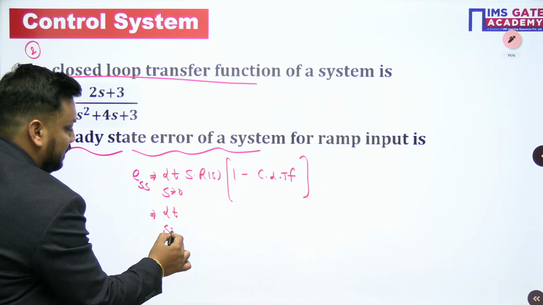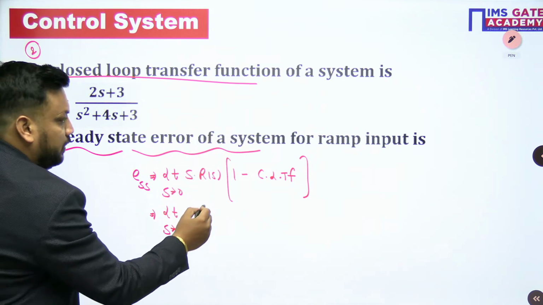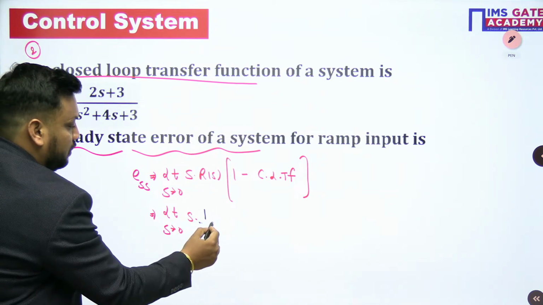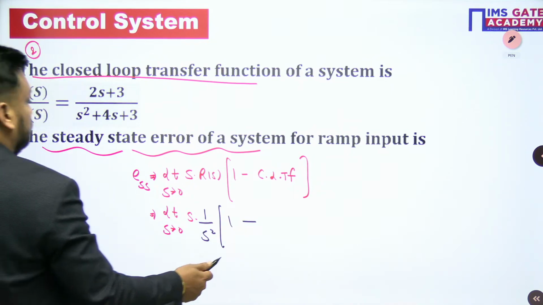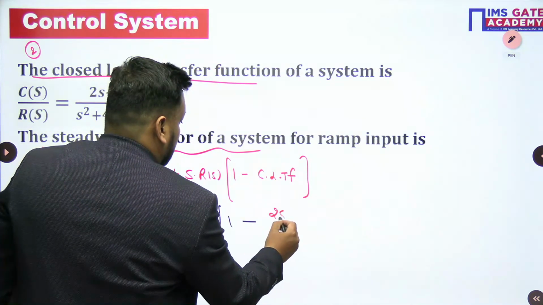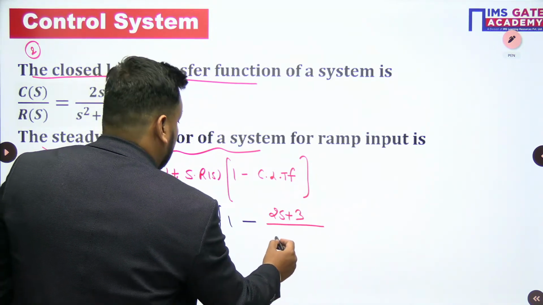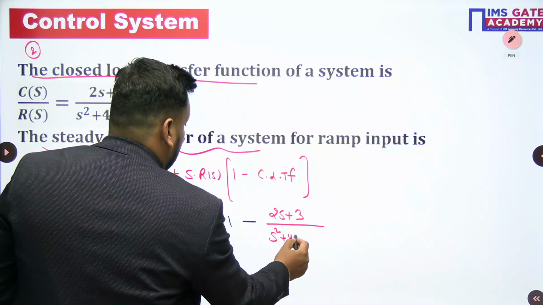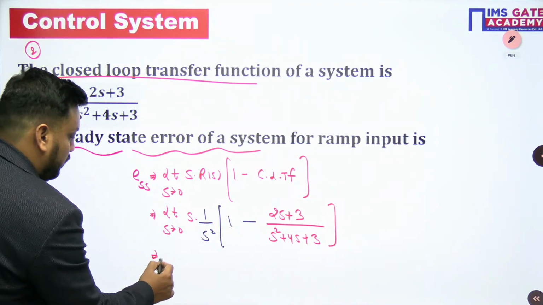So it will be limit s tends to 0, s. What is R(s)? The Laplace transform of the input signal, that is nothing but the ramp input, so it will be 1 upon s square, and 1 minus CLTF. So it will be 1 minus (2s plus 3) upon (s square plus 4s plus 3), whole bracket closed.